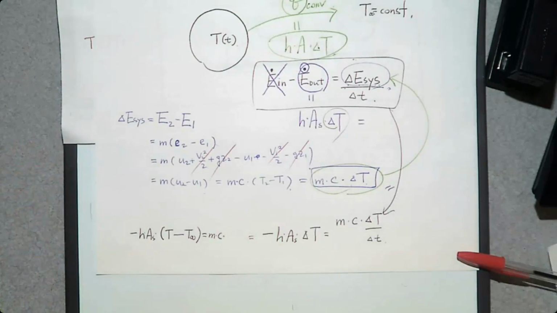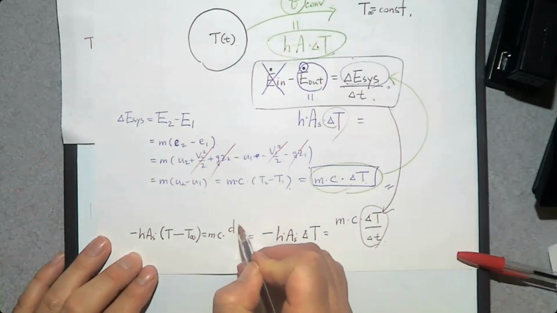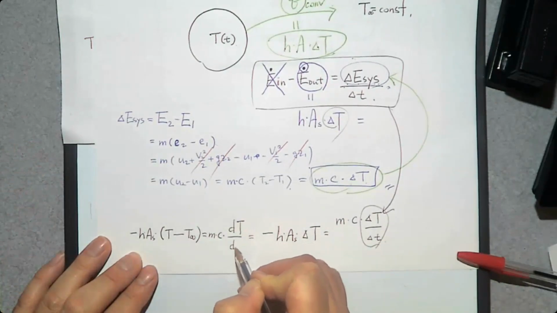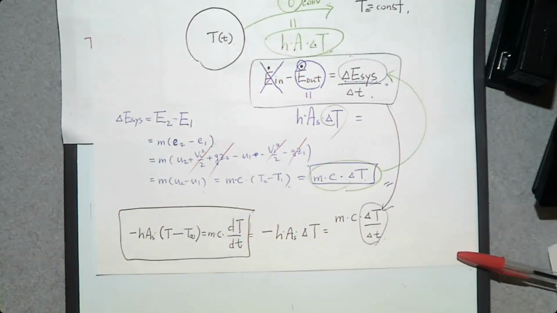To solve this one, we can use this one in a differential form. What is the differential form of this one? d temperature over d time. So this is the differential equation we are going to solve to get the governing equation for the lumped system analysis.